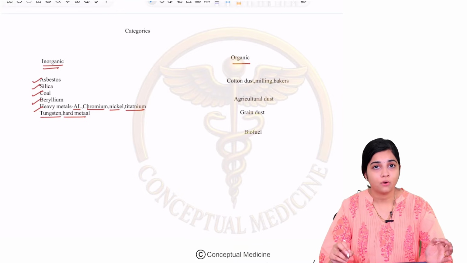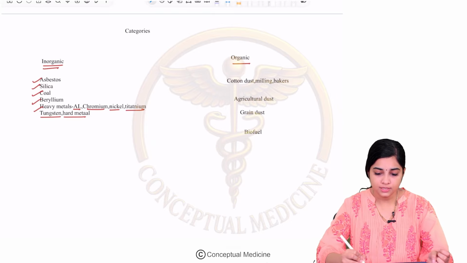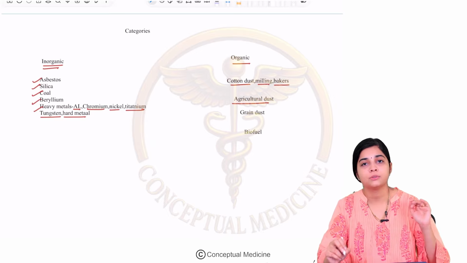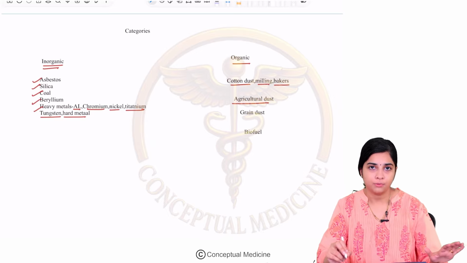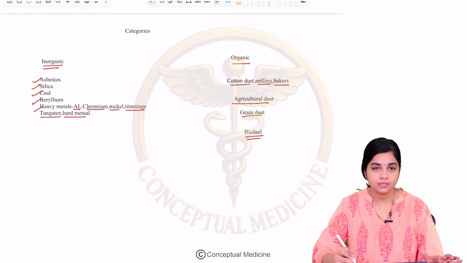Never forget about the organic particles which can cause lung injury. This includes cotton dust, milling, Baker's disease, agricultural dust. Very importantly, in farmers, never forget to ask about the exposure history. Then grain dust and biomass exposure.